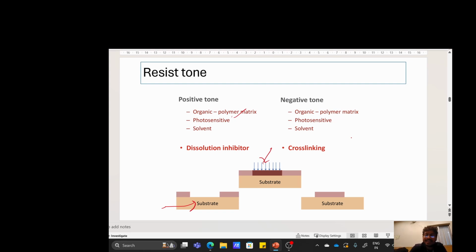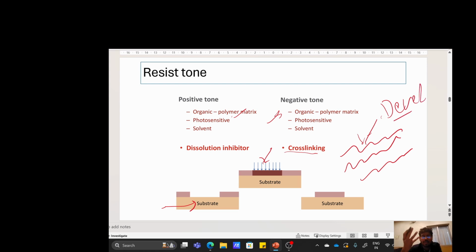In the other case, if the photoresist is of negative tone, there will be cross-linking. Cross-linking means that there are chains of polymers in the photoresist, like this. These chains will get removed if we directly put the wafer in the developer solution.